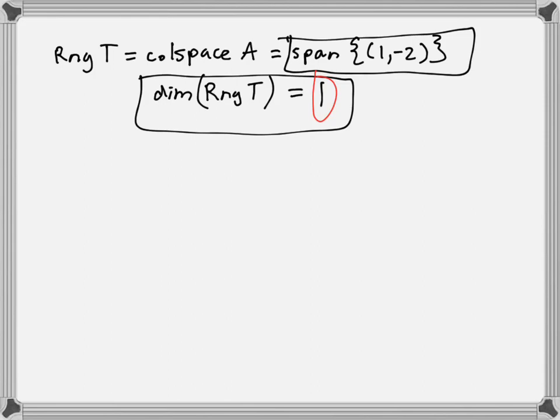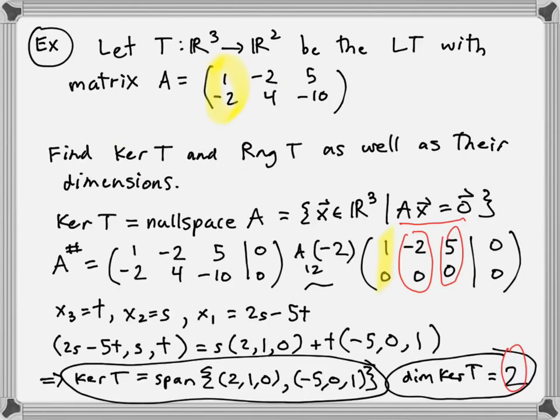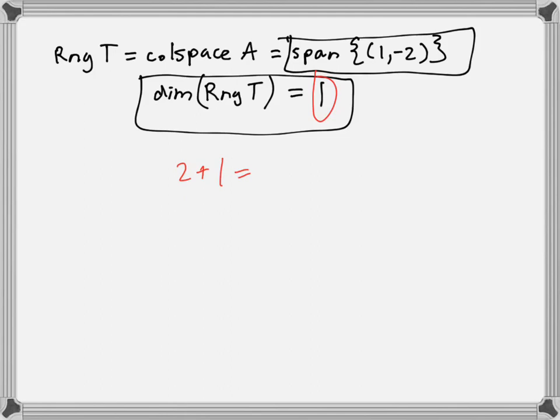So 2 plus 1 is equal to, what's the dimension of V? Let's go back. The dimension of V is 3. And it is true, isn't it? 2 plus 1 is indeed 3.